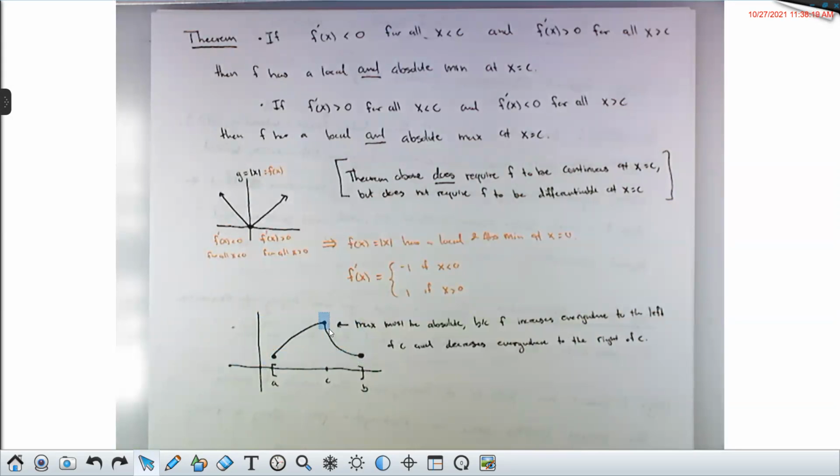I know that this point has to be taller than this point because I'm increasing everywhere here. And I know that this point has to be taller than this point because I'm decreasing everywhere here. So in other words, if you're going uphill to get to c and going downhill past c, then no matter what's going on at these endpoints, this has to be the absolute max.